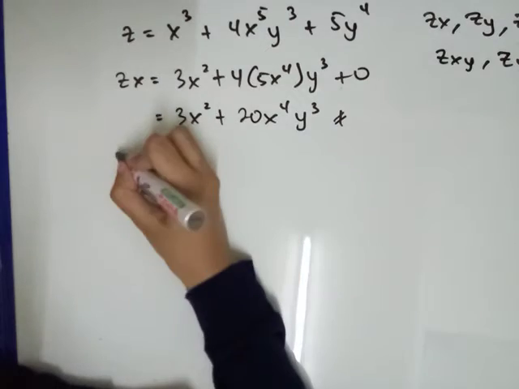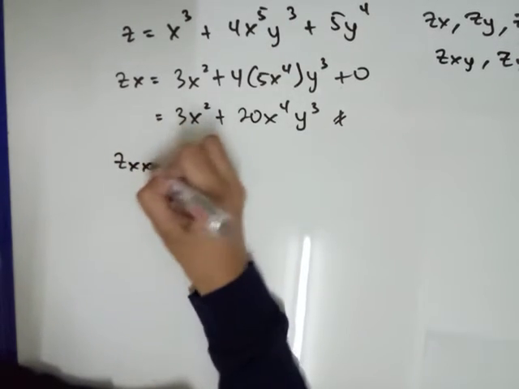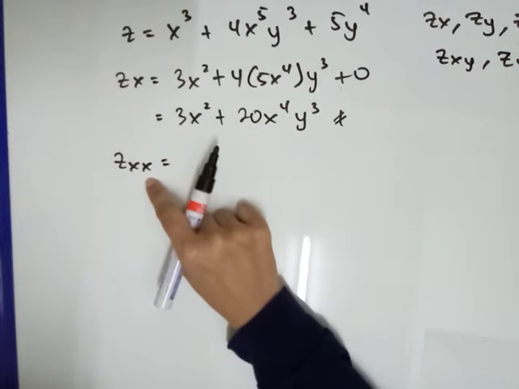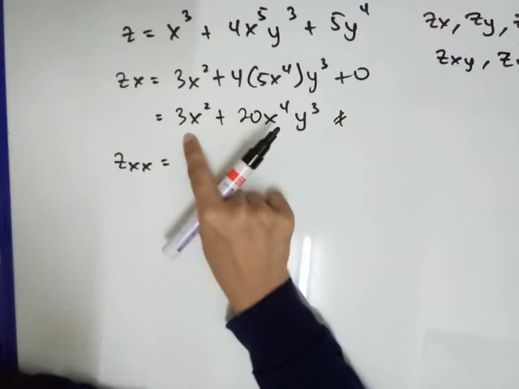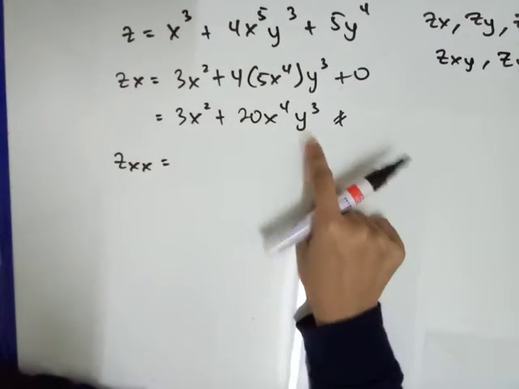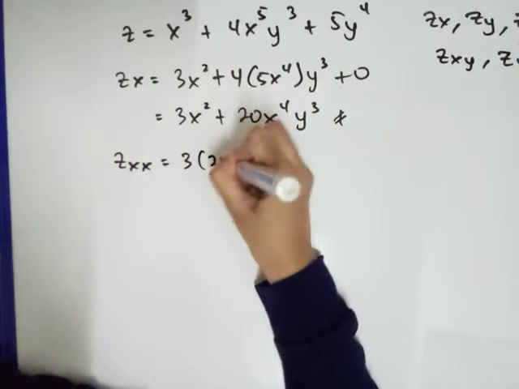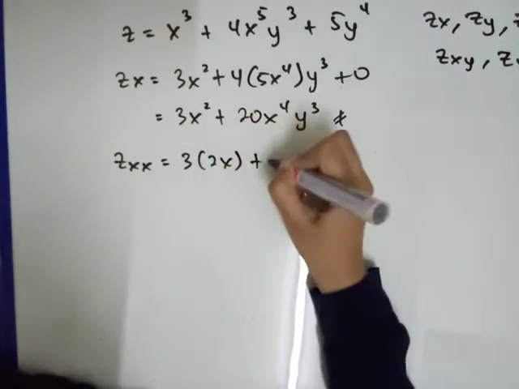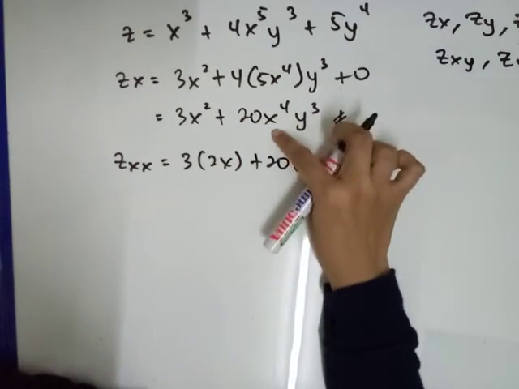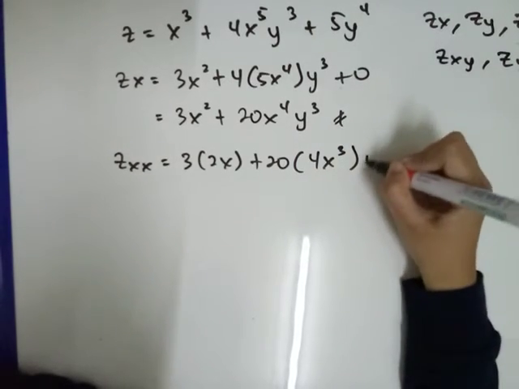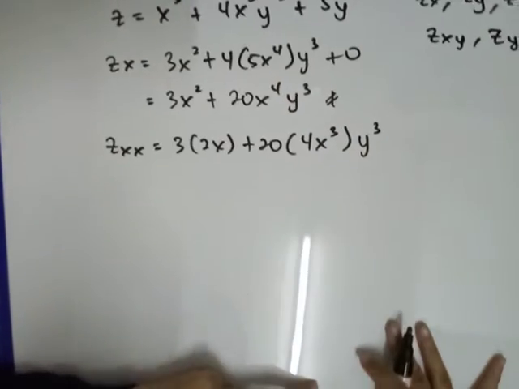What about zxx? Second derivative with respect to x. That means from zx here. 3 is constant, differentiate x squared, we get 2x plus 20, differentiate x power 4, we get 4x cubed, and then y cubed is a constant.